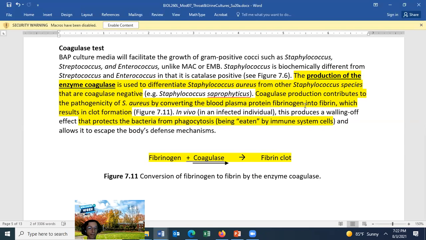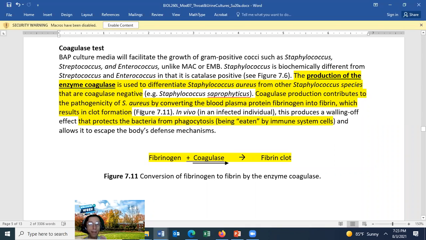Coagulase is actually a factor increasing the pathogenicity of Staphylococcus aureus, because if the organism can produce coagulase, it will cause the blood plasma fibrinogen to change into fibrin, which will start the blood to clot.